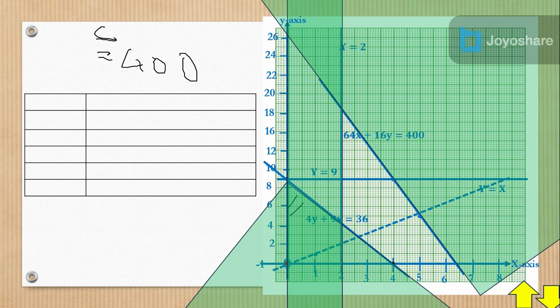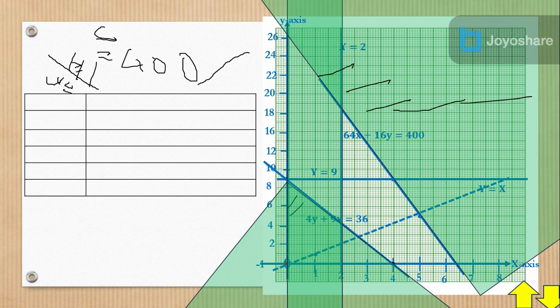Now when you have a line slanting like that, this side down is the less, and this side up is the greater. Always what you do, we shade the opposite. The less is down, so we shall shade it up, and that's why our shading is going like that.